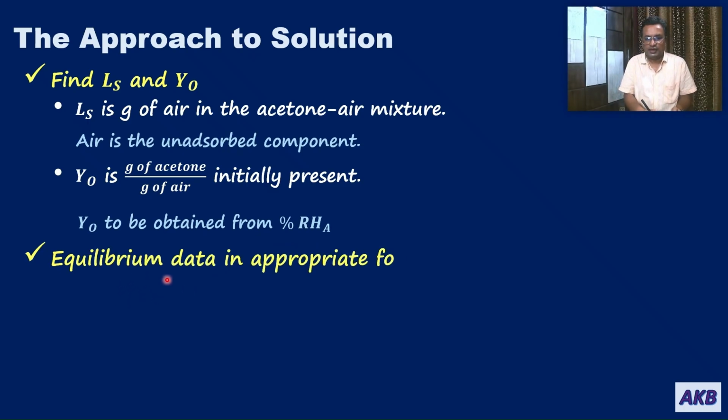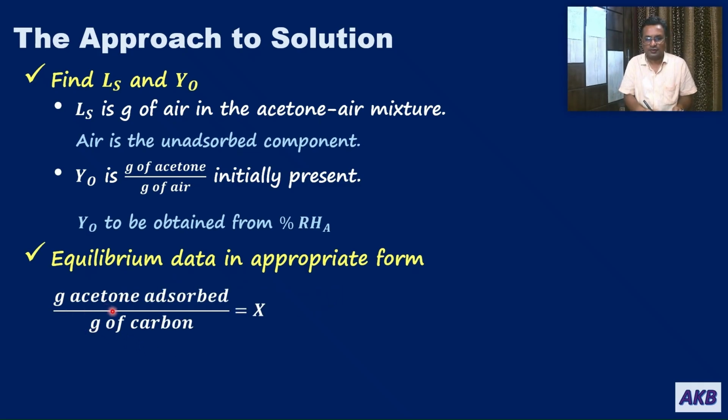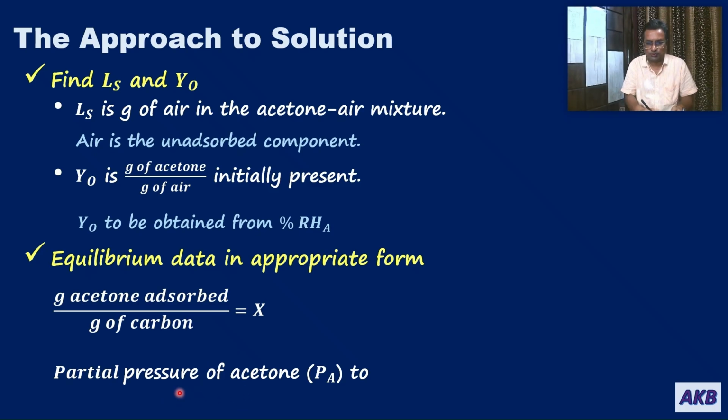Then we need to convert the equilibrium data into an appropriate form. What is given to us is gram of acetone adsorbed per gram of carbon. This is nothing but capital X, weight fraction of acetone on acetone free basis on the surface of the adsorbent. So it is directly given to us, and there is nothing to do with this. You will use it as it is. Then partial pressure of acetone is given to us.